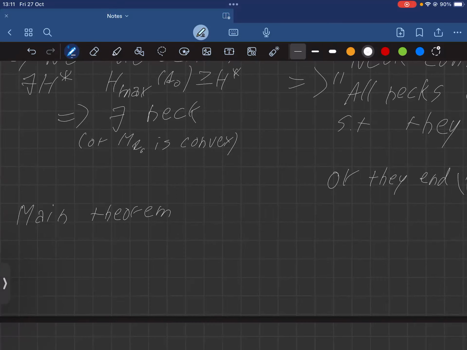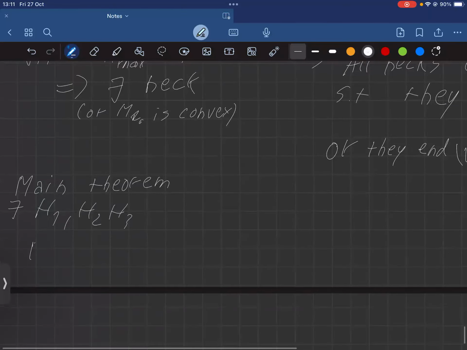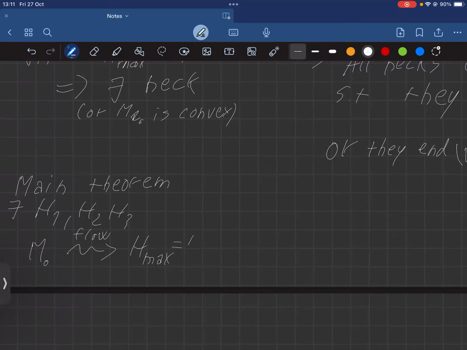which basically says that there exist H1, H2, and H3, such that we are given some hypersurface, let's call it M0. We're going to evolve it under the flow until we reach some threshold for our mean curvature, such that H max is equal to H3.